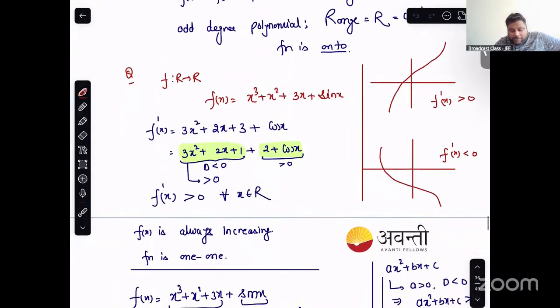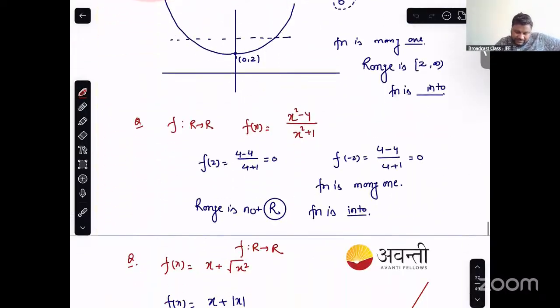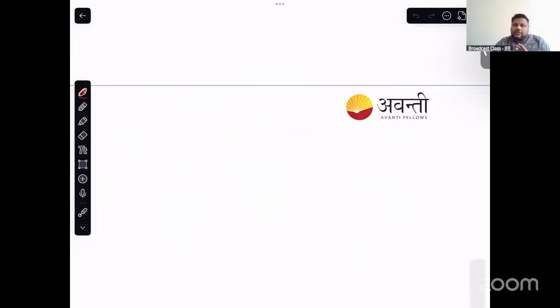Then this cubic polynomial plus a trigonometric polynomial function. This is what we call transcendental functions. Then some more examples. So I hope you got some better idea about one-one, many-one, onto and into functions. Am I correct?